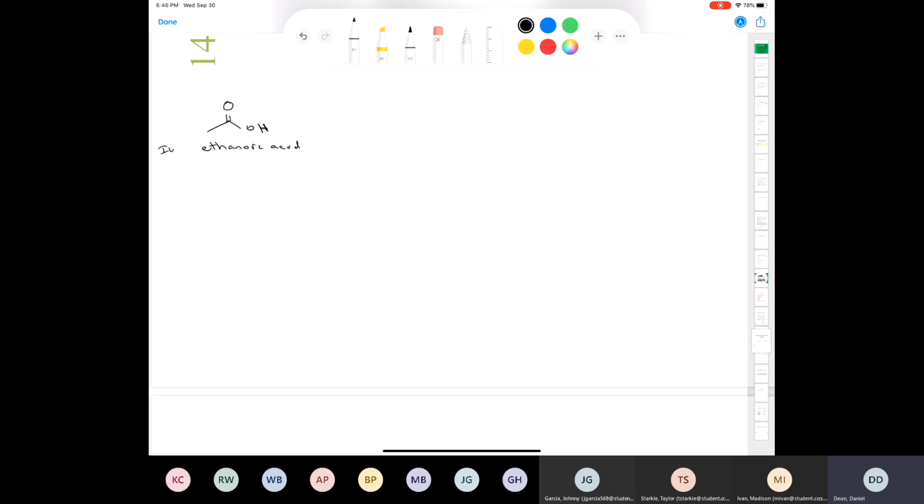That would be the IUPAC name. And the common name is acetic acid. We looked at that this evening. So if I made an ester of this carboxylic acid, and we already looked at an example, I'll use that same example that we looked at earlier.